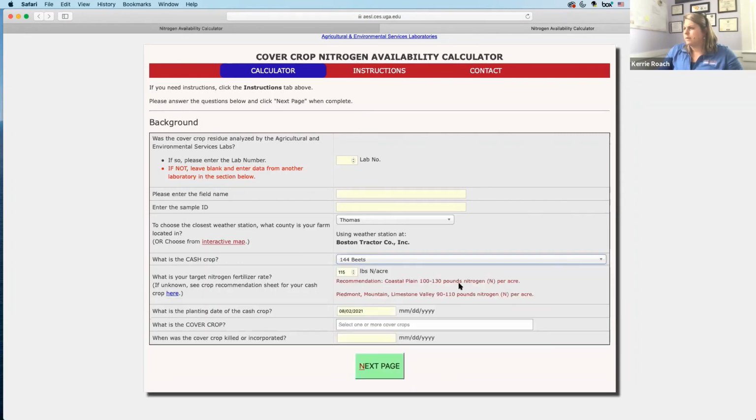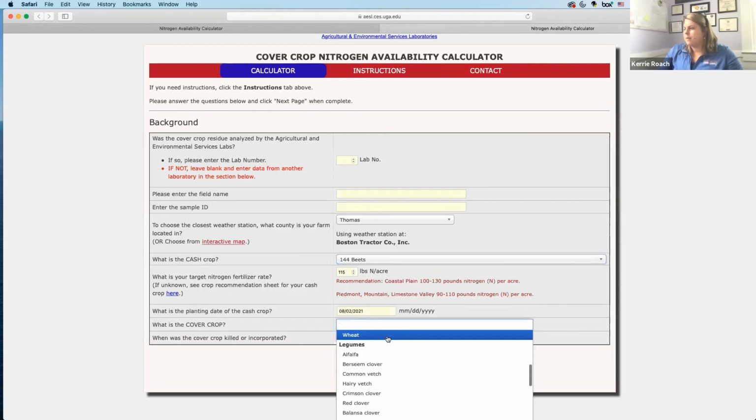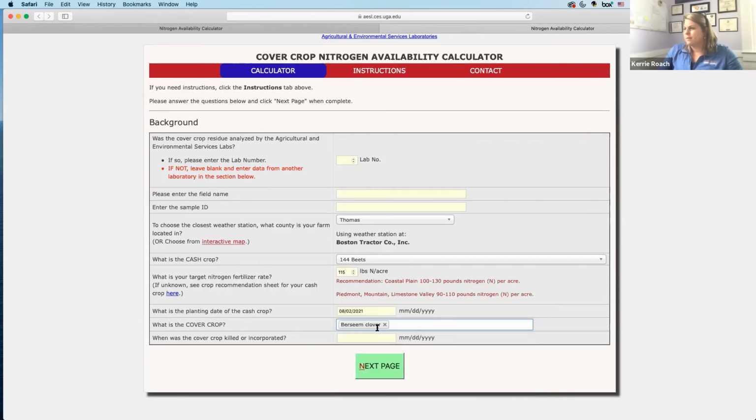All right, we're just going to pick something. Beets. Ha. What is the cover crop? We're just playing. We're going to go back. Oh, I guess we can't.